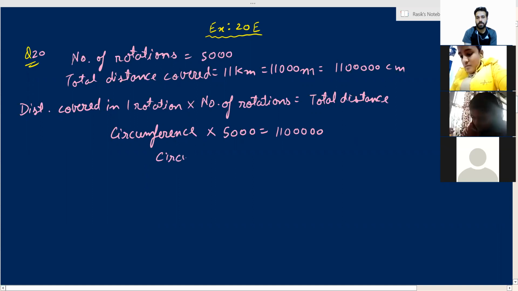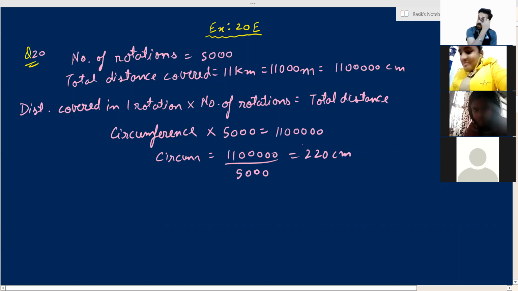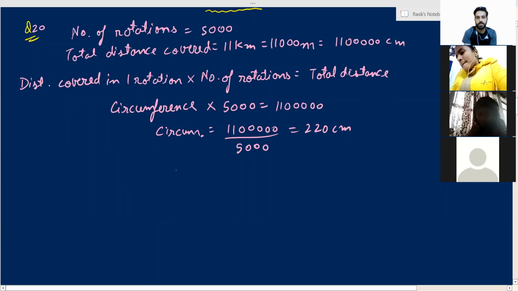We know the circumference now. It is equal to 1,100,000 divided by 5,000, which is equal to 220 centimeters. So this is the circumference of the wheel. We had to find out the circumference and we have got it. The second thing that we have to find is the radius.